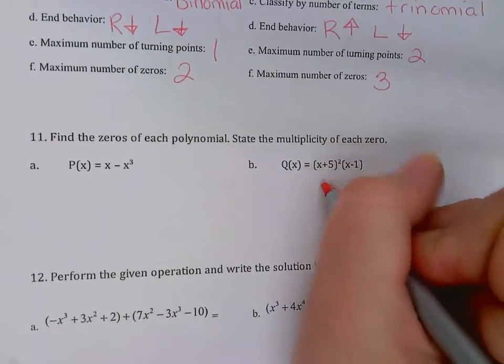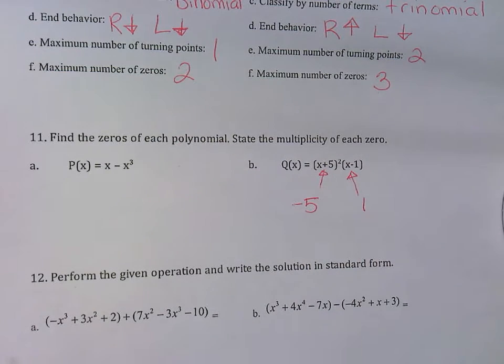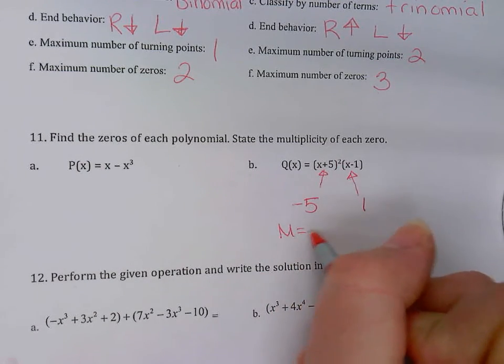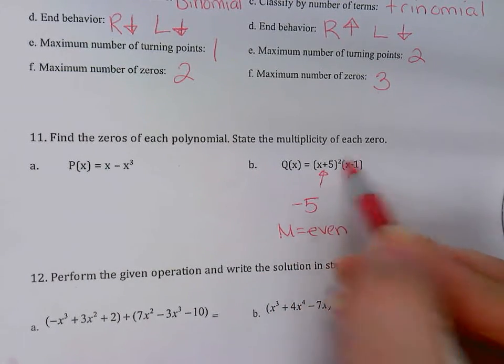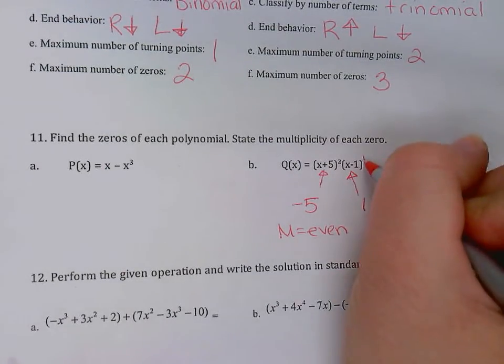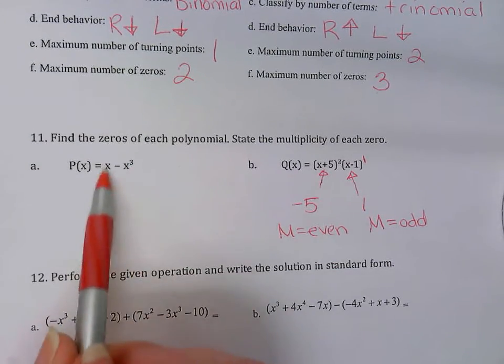multiplicity. My 0 here is -5 and +1, so it's what you have to plug in to make it 0. This has an even multiplicity because the degree is 2. This has an odd multiplicity because its degree is 1. So now let's find our zeros by factoring the second equation.